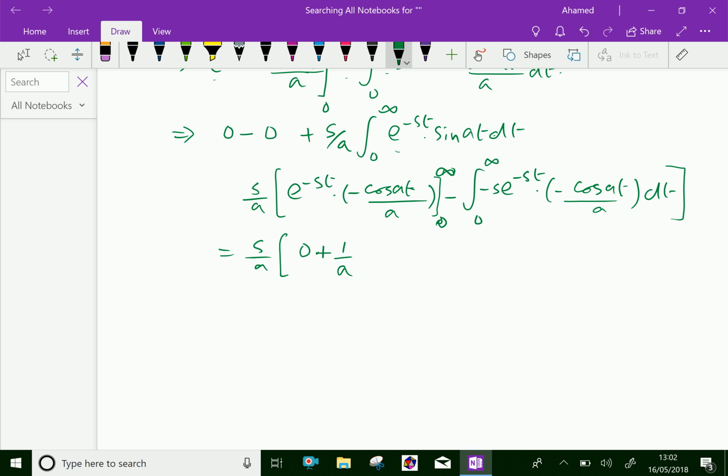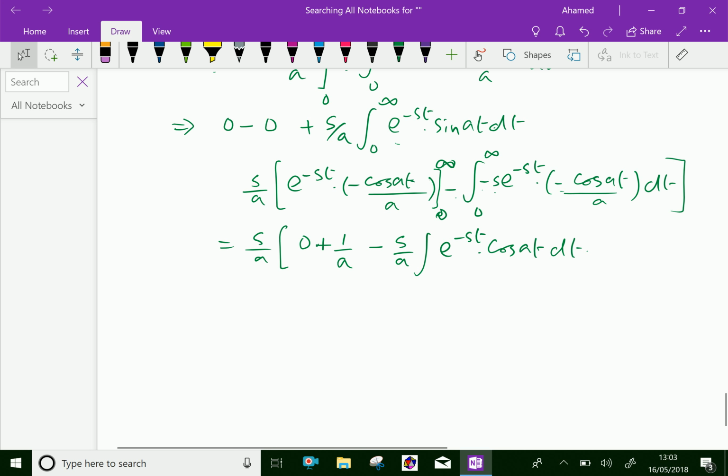Then minus into minus plus into minus is minus, so we have minus s over a integral of e power minus st into cos at dt.